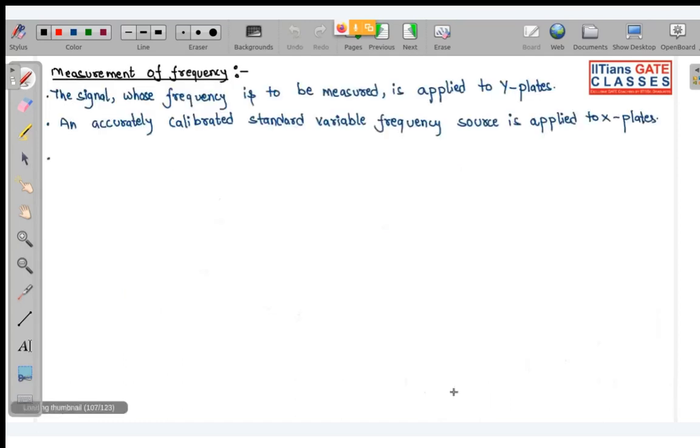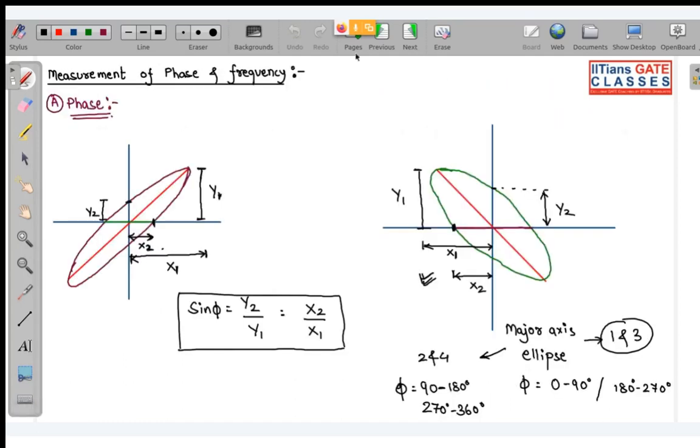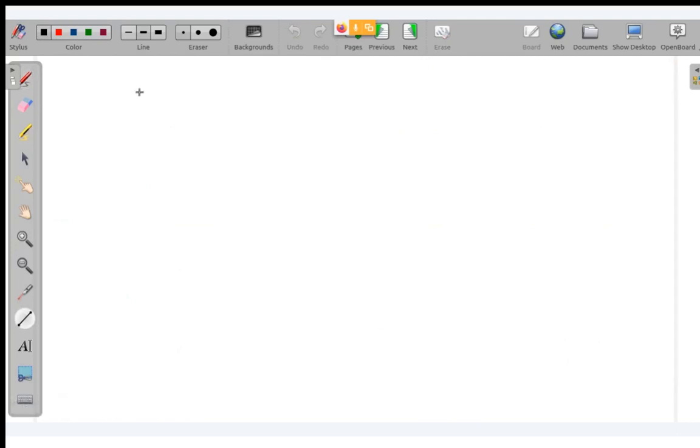So I will just give you a few examples of how your Lissajous pattern looks.